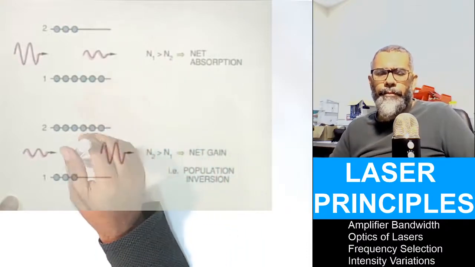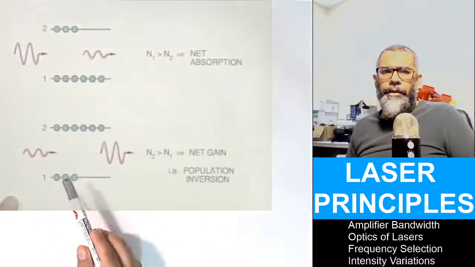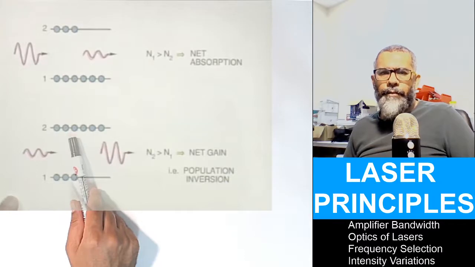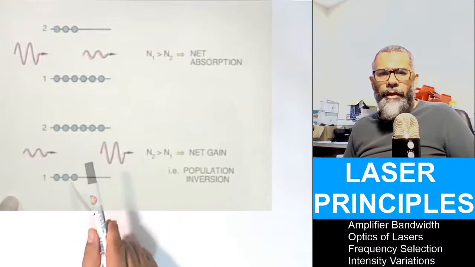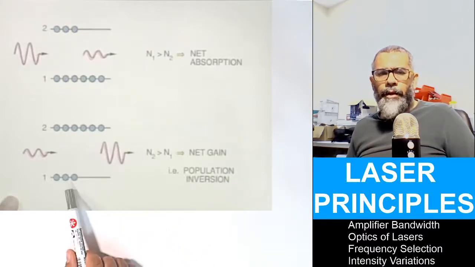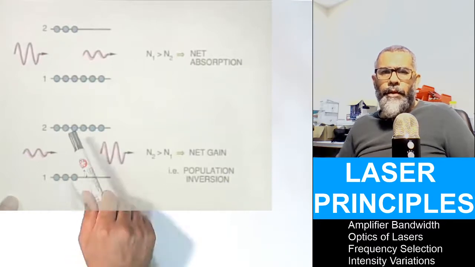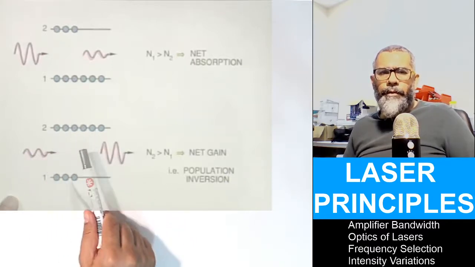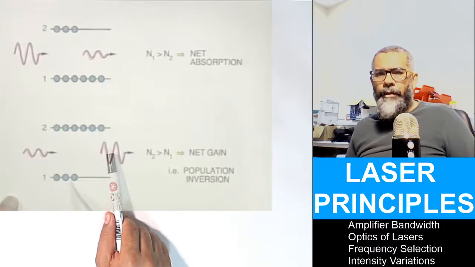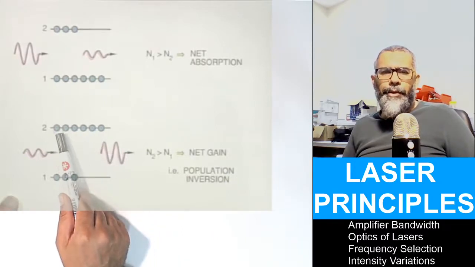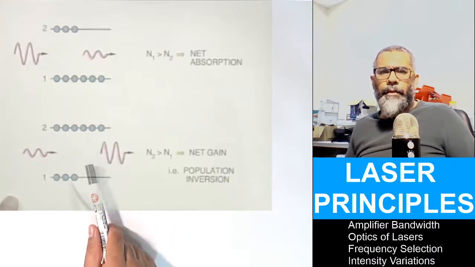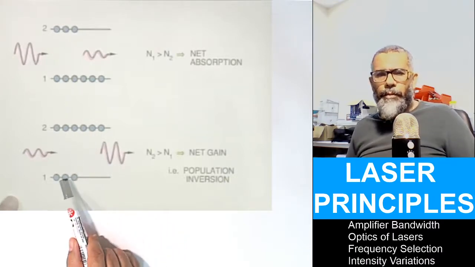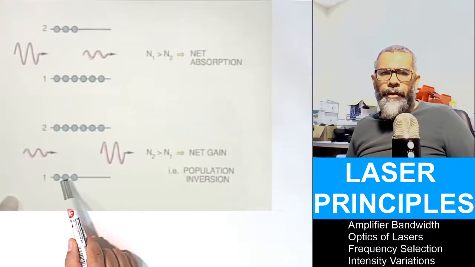But in the second picture, if you have exactly the vice versa, if you have more atoms in the excited state compared to the ground state atoms, then the input light will get amplified, because the process of stimulated emission has a higher probability than the process of absorption.